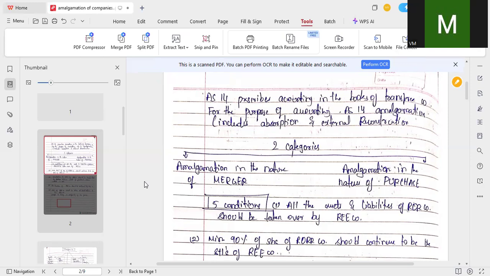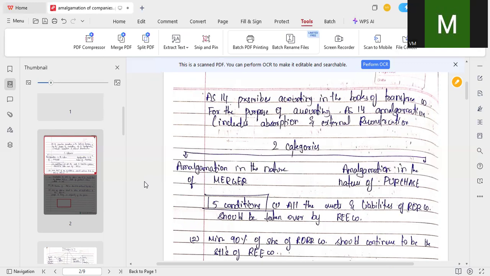As I gave you the example of Facebook and Instagram, in this case Instagram is the transferor company and Facebook is the transferee company. In Kannada they say "Togolodu," where Instagram is giving away its rights.